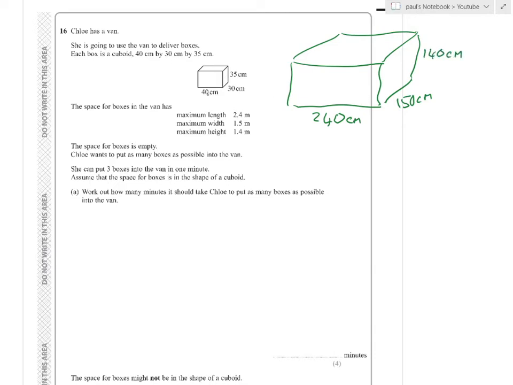Now, we can get 6 boxes that way, and we can get 5 boxes that way, and 4 boxes. Yeah, so we can get 6 boxes that way. It's just 240 divided by 40 gives us 6. 150 divided by 30 gives us 5 boxes.